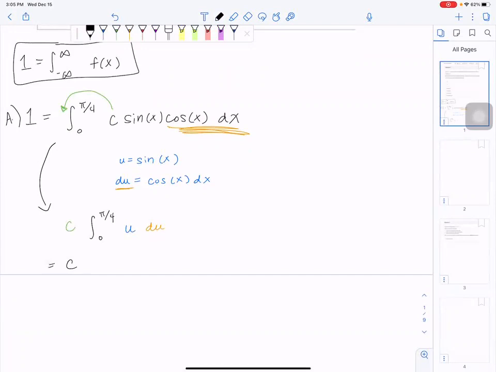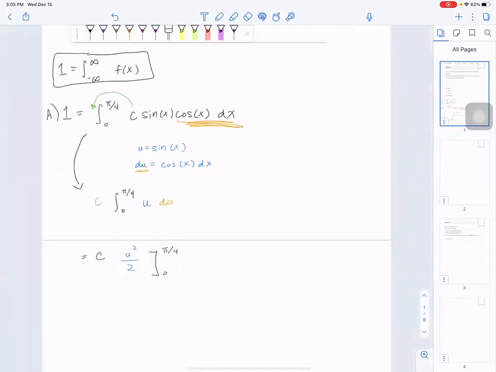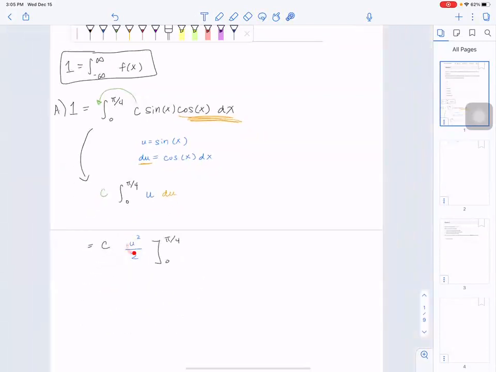What's the integral of u? You add 1 to the exponent, so it becomes 2, and divide by that exponent. And we're evaluating from 0 to pi over 4. But we don't want our answer in terms of u. We want it in terms of x, so don't forget to resubstitute that u back in. What was u? It was sine of x, so we get sine x squared over 2, from 0 to pi over 4.